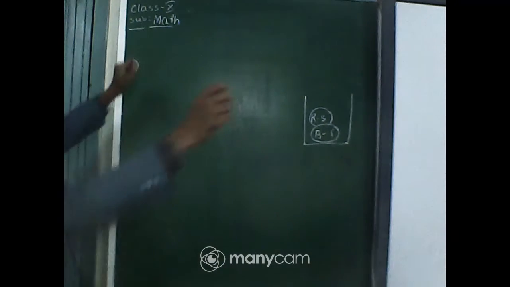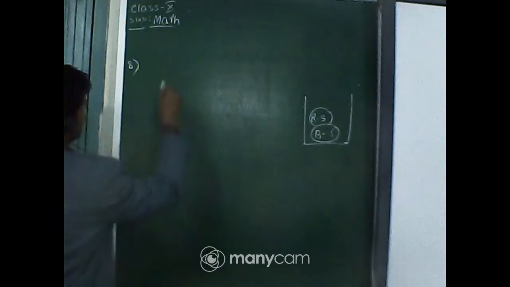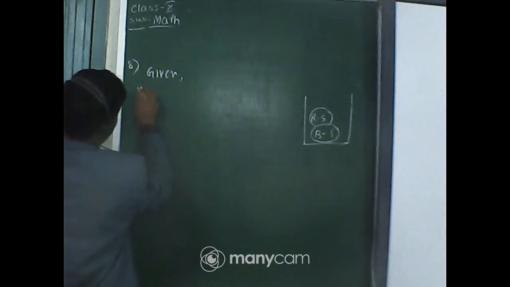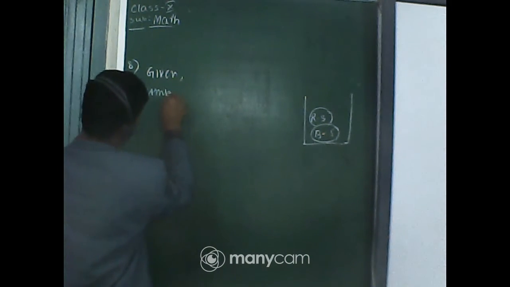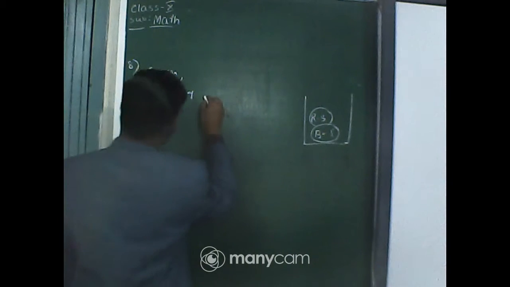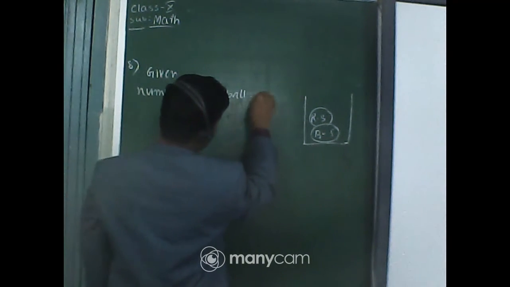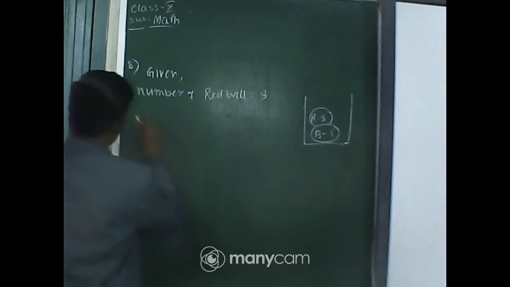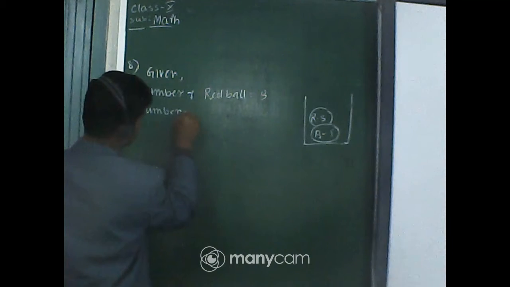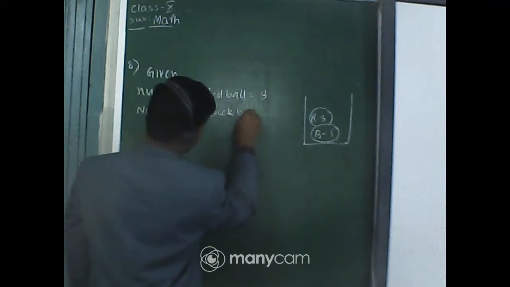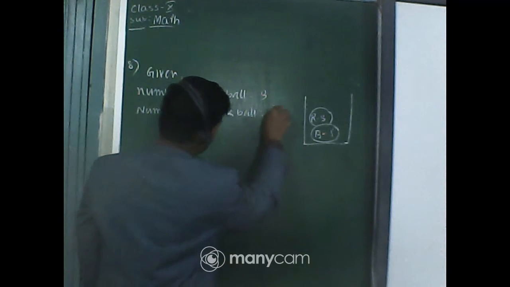Okay, let's see how to solve the question. So here, given number of red balls is equal to 3 and number of black balls is equal to 5.